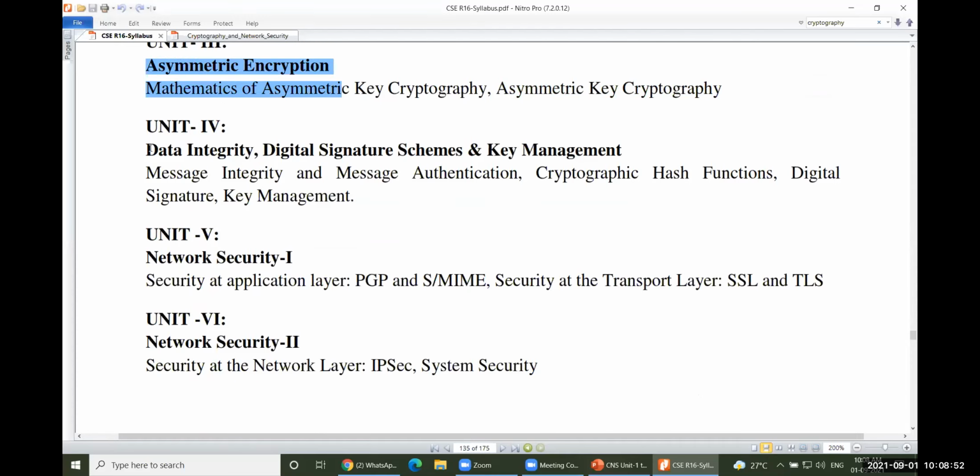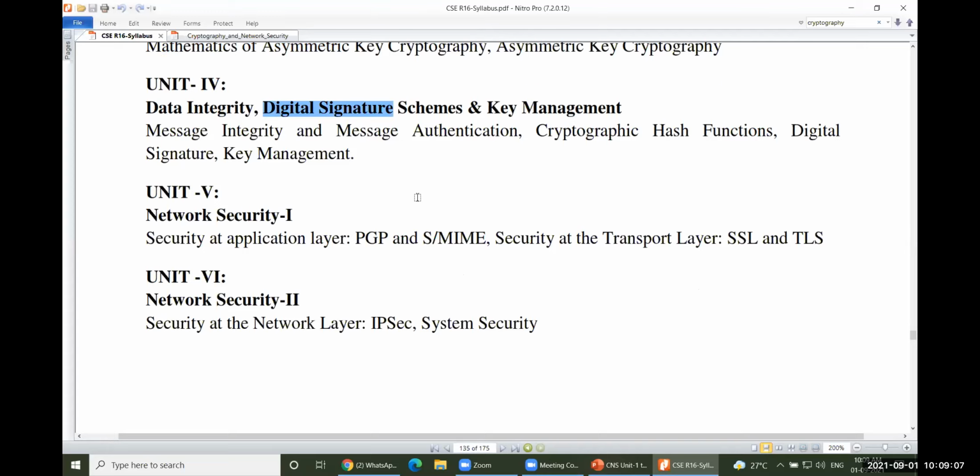Then followed by data integrity. In data integrity, we specify digital signatures, followed by key management, and everything is taken into consideration in data integrity.